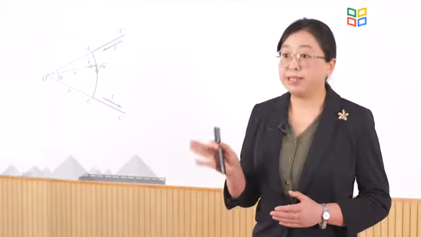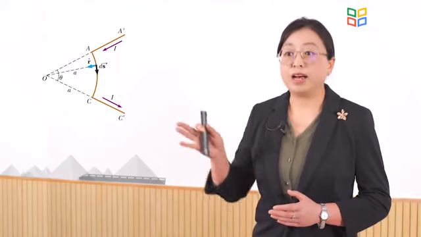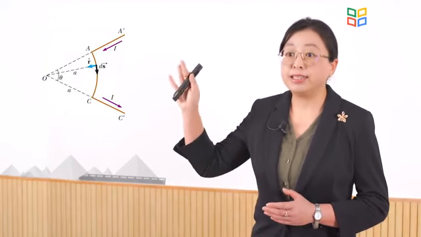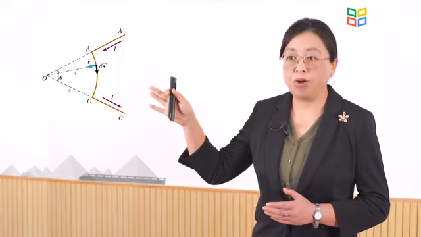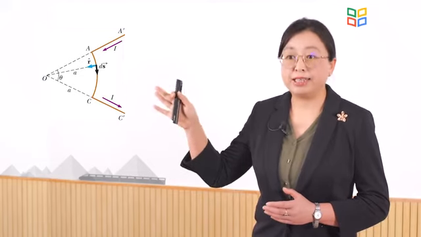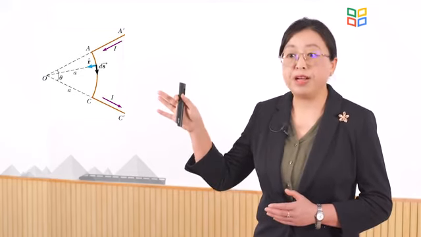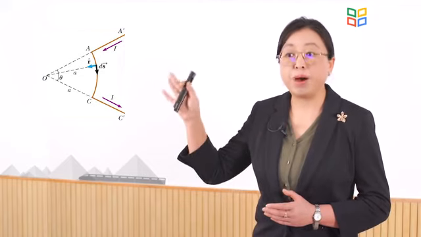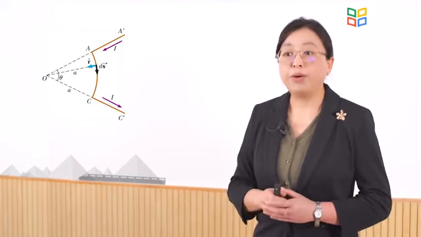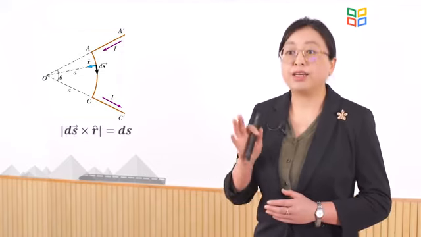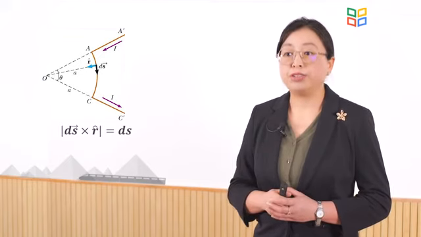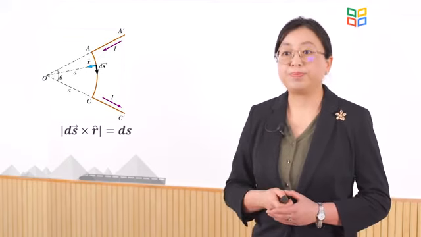Now we apply the Biot-Savart law to evaluate the field at O due to the circular arc of the wire. We notice that the element ds along the path AC has the same distance a from O, and the vector ds is perpendicular to r-hat at every point along the path AC. Therefore, the magnitude of ds cross r-hat equals ds.